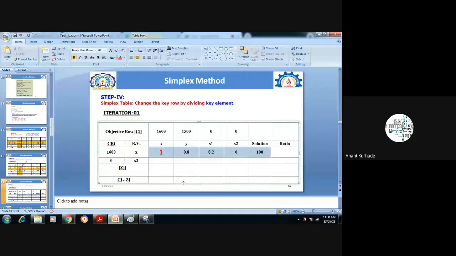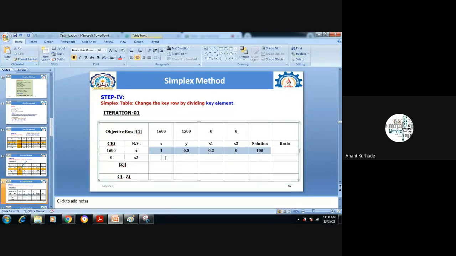This formula is for writing the new values of the key row only. You cannot use the same formula for the second row, remember. That formula is different.